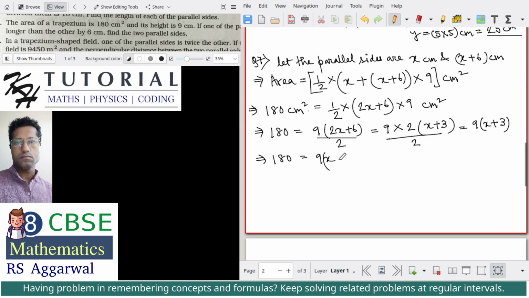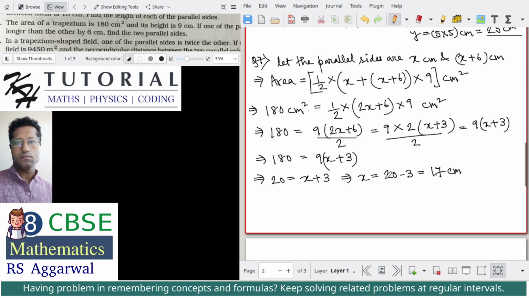We have 180 is equal to 9 into x plus 3. To simplify the equation, we can divide both sides by 9, and we have 20 is equal to x plus 3. So this implies x is equal to 20 minus 3, that is 17 centimeter.